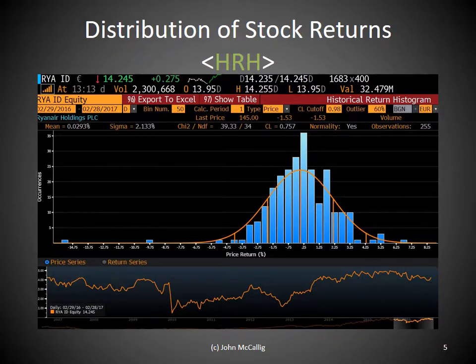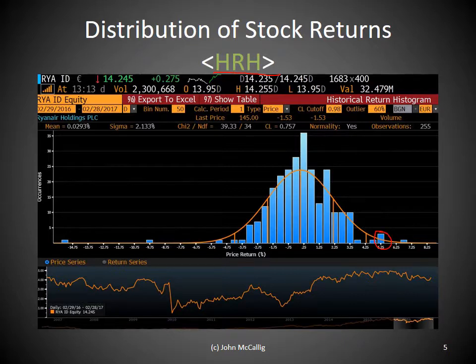This is the distribution of stock returns for Ryanair. You can get this on Bloomberg using the HRH command. They're daily returns, from the 29th of 2nd, 2016 to the 28th of 2nd, 2017. So you can see they're centered around 0, and there are some outliers.